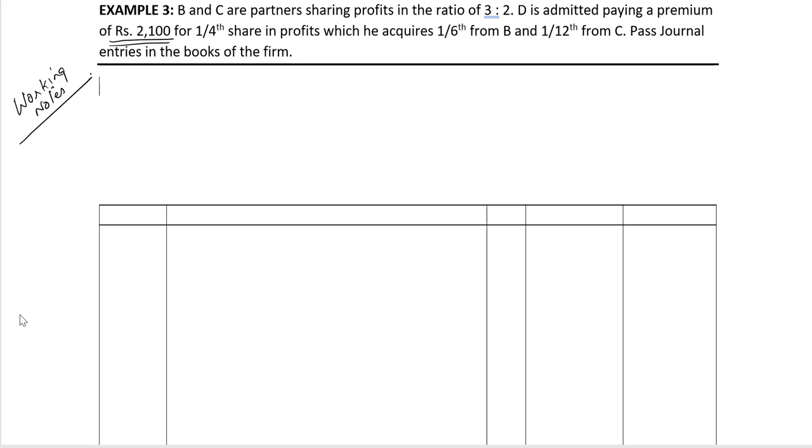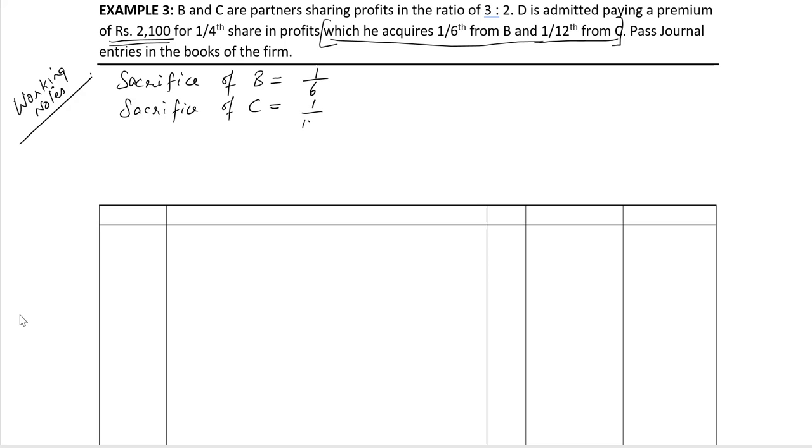Let's find out the sacrifice ratio between B and C. It's given that he acquires 1/6 from B and 1/12 from C. So we have sacrifice of partner B is equal to 1/6, and sacrifice of partner C is equal to 1/12.